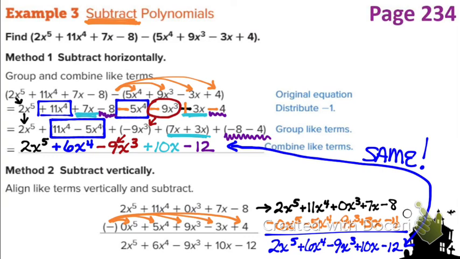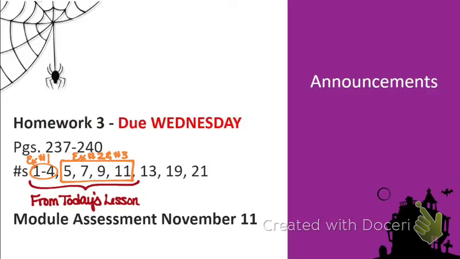All right, do you guys have any questions for me about adding or subtracting? Cool. Your homework is due on Wednesday. You're going to turn it in on McGraw-Hill, but I would recommend getting started on it in your book right now. You can do all but these last 3 problems. The first 4 are exactly like example number 1 that we did.